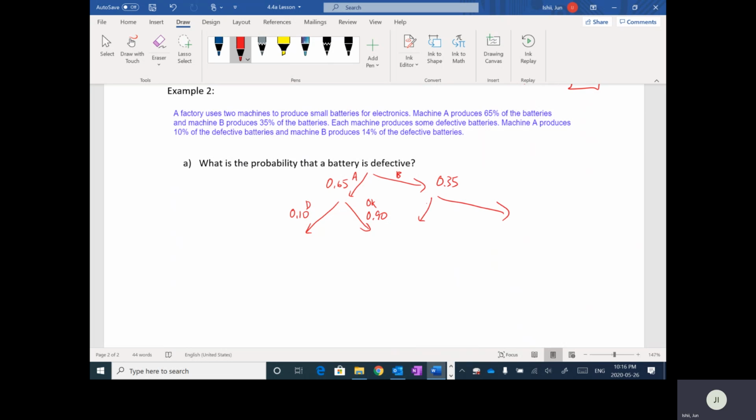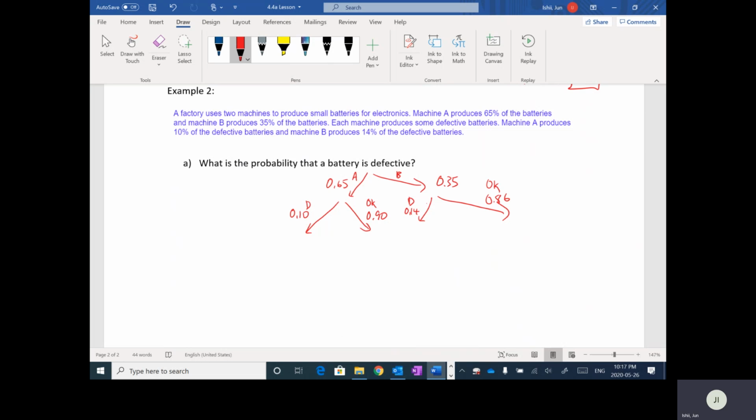For machine B, 14% are defective, so 0.14 are defective, which means the other 86% are okay. So it's either going to be defective or okay, defective or okay. This is just breaking down the different branches, like what we did before.